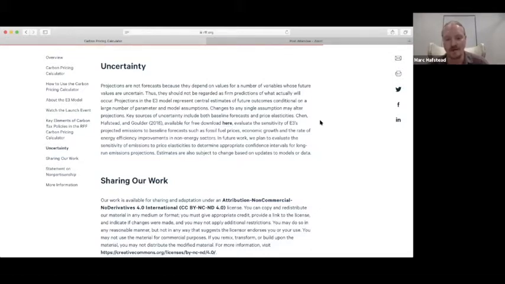But we do ask that you always give us credit as the source of the data that you're using. And so we have some rules here on sharing our work. And certainly don't use it for commercial purposes. But as your organization, I don't think that's a problem.